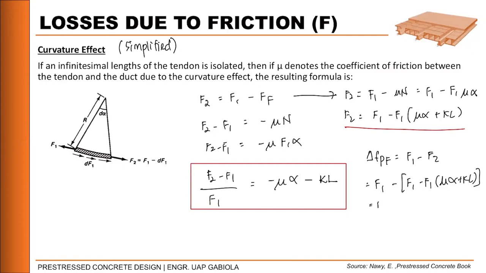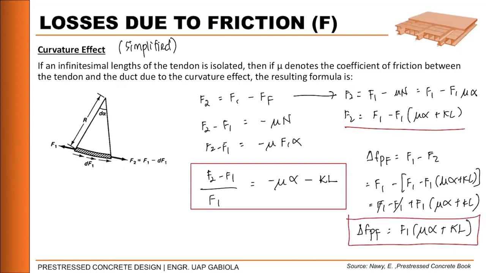So, this is F1 minus F1 plus F1 mu alpha plus AN. So, magka-cancel out to. Kaya ang formula equals to F1 mu alpha plus AL, which is the same as the one reflected dun sa slide natin kanina.